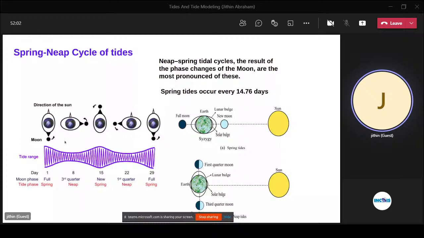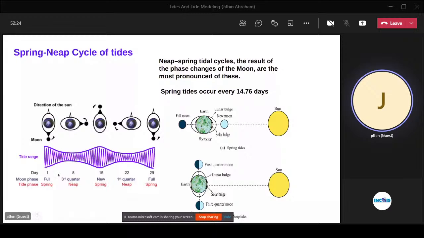When the Sun, Moon and Earth come into the same alignment, it gives the maximum gravitational attraction, that means maximum tide generating force. So during those times, the tidal elevation will be maximum.